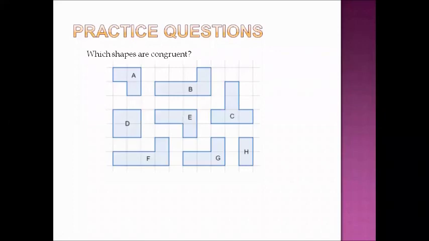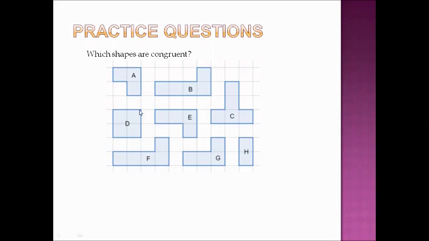Now, coming towards the practice questions. Here are some shapes, and you need to figure out which shapes are congruent to each other. As you can see, there are some geometrical shapes, and you need to figure out whether they are congruent or not.